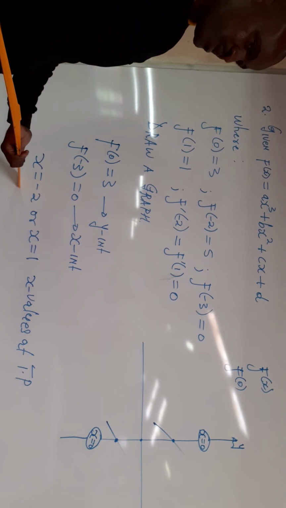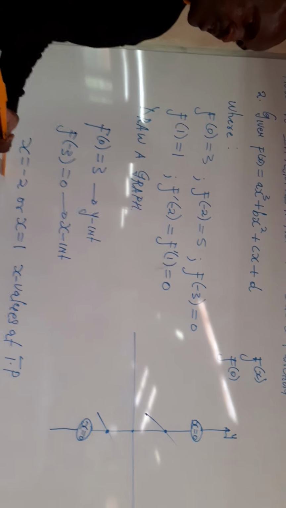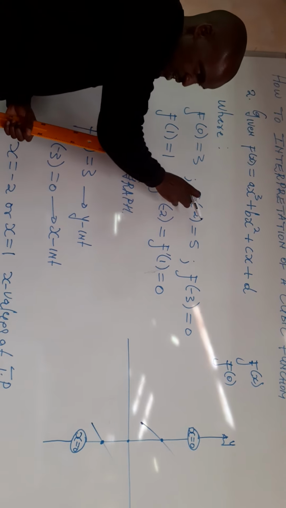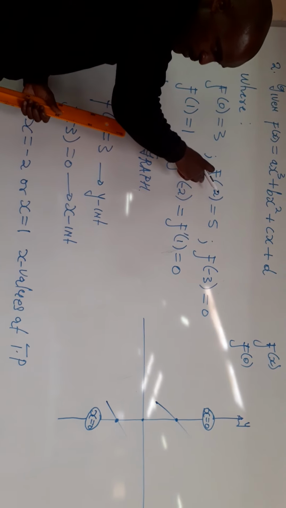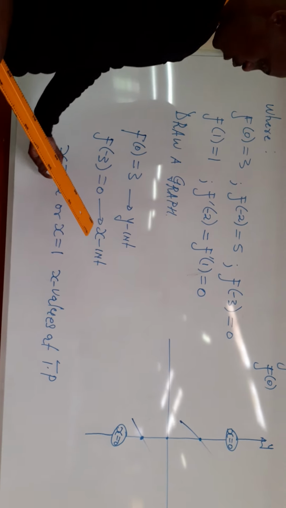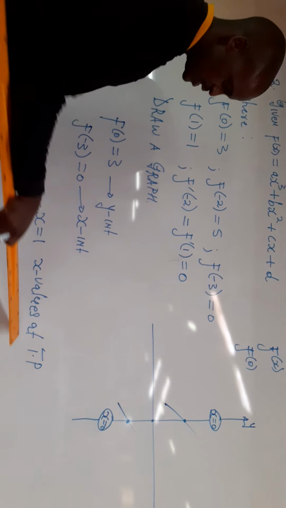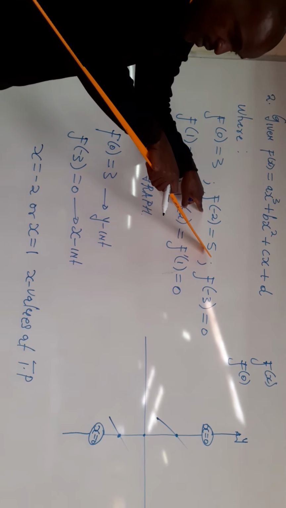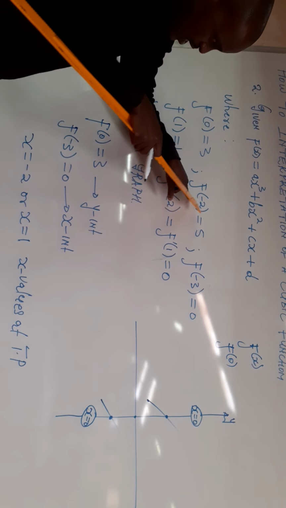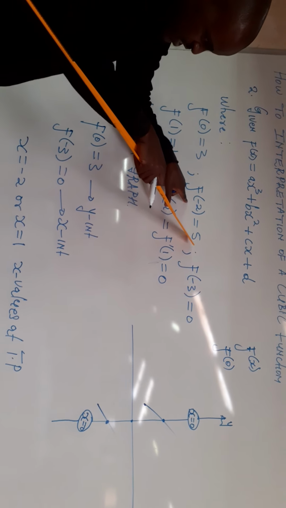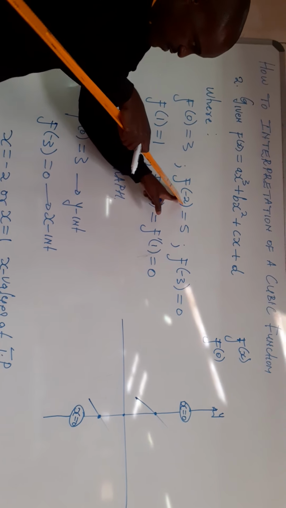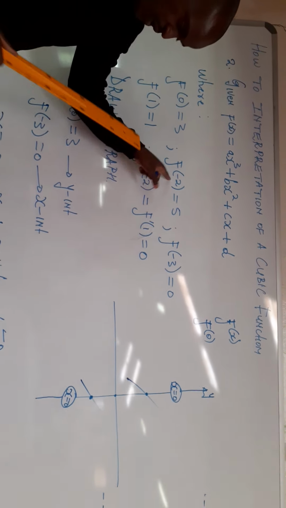We use the x value at the turning point to find the y value by substituting into the original. This is the original, it's f. So to find the y value at the stationary point, substitute the x value into the original equation to find the y value, which means if x is equal to -2, y will be 5.